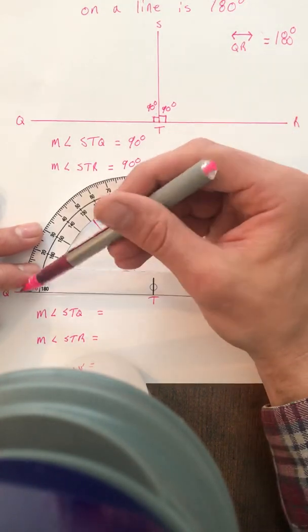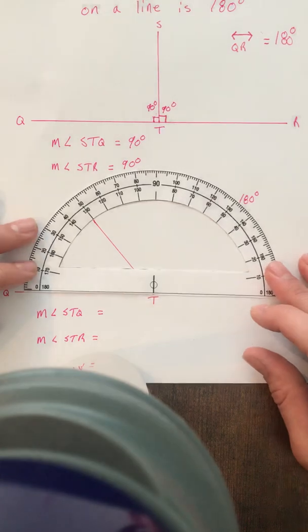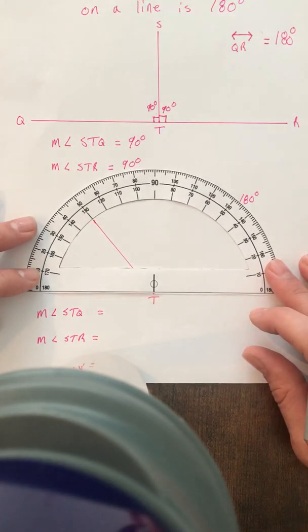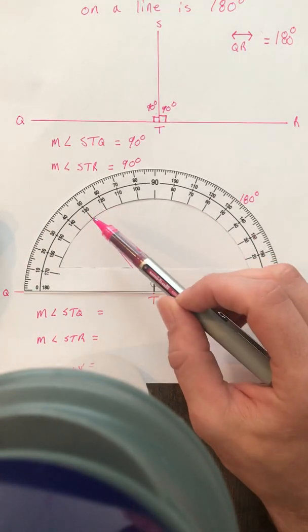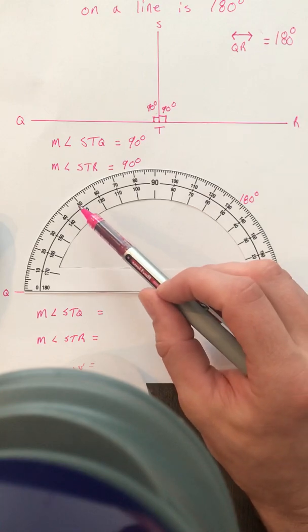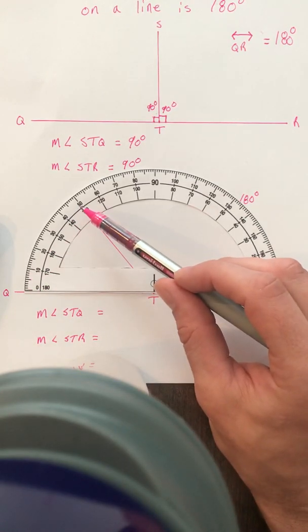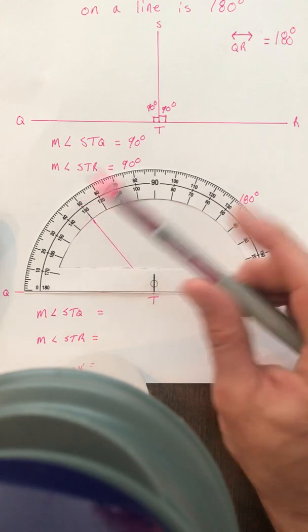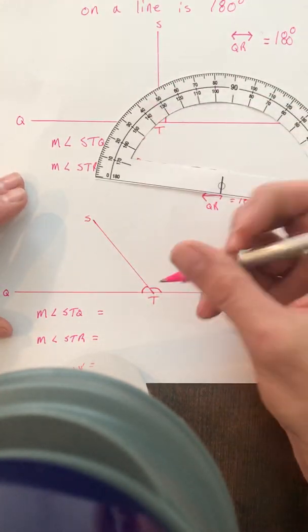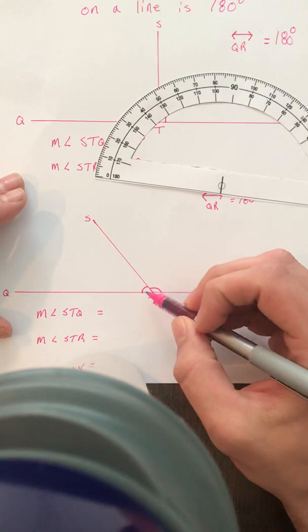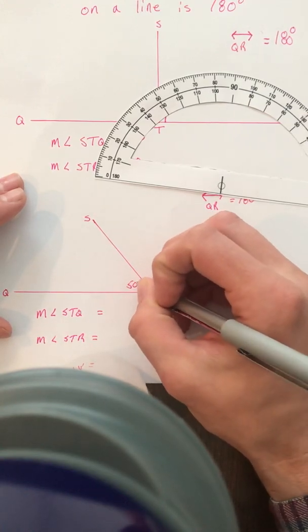So if you notice, from Q going over to the end of this line, measuring from the outside, so we go from 0 up, it's 50 degrees. So I know that my measure for this angle right here is going to be 50 degrees.